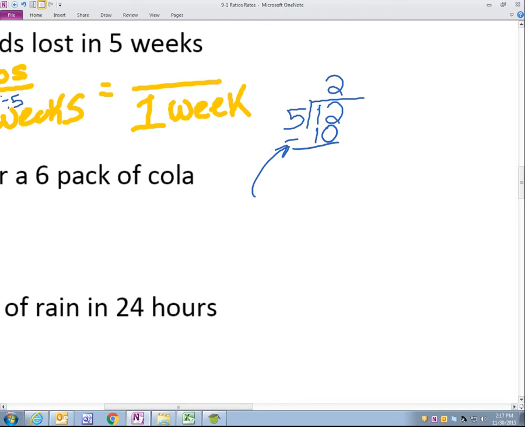I expect you to be doing that as well, because I need you to prove to me that you know what you're doing. No, you don't have to do that arrow. I never did that before this year, but this year people are extremely weak at dividing. So you divide by 5. I mean, since it's a fraction, you just do that.